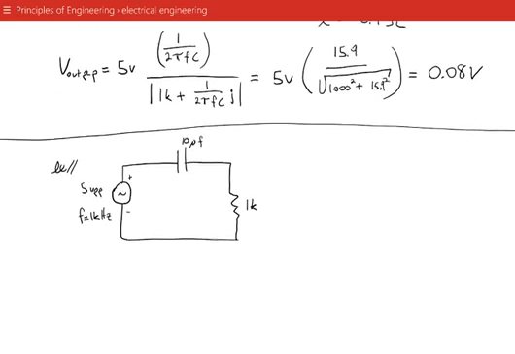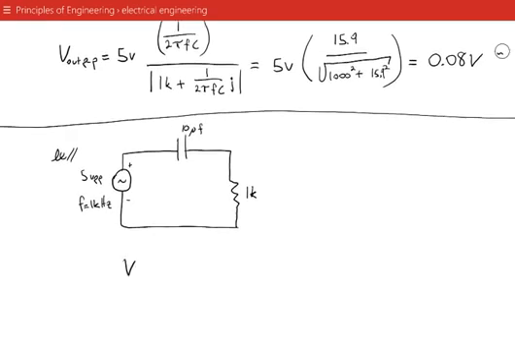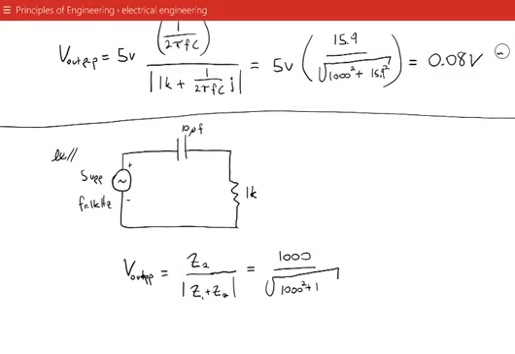In this case, our voltage out, peak to peak, is again the impedance of the second thing over the magnitude of the total impedance, which in this case, the impedance of the second thing is 1,000, divided by the magnitude of the total impedance, which is going to be the square root of 1,000 squared plus 15.9 squared.